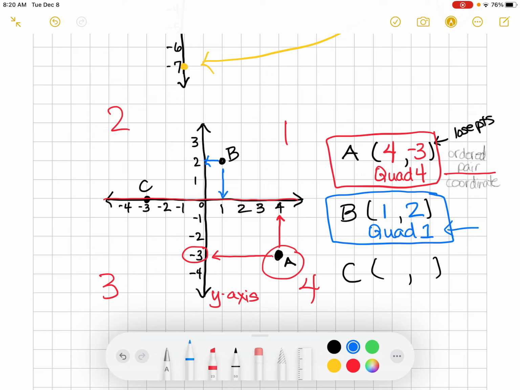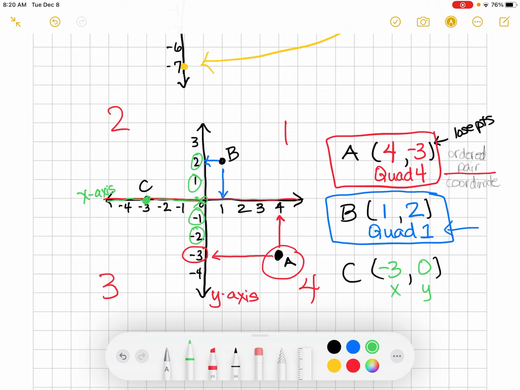Okay, so C, now C, I'm going to do X, Y. But C is different because it's on one of the lines, right? So this is my X-axis, right? So on the X-axis is -3. I'm going to put that in place of the X. But my Y-axis is right here. It's not at one of these numbers. It's not 1, 2, or 3, or -1 or -2. It's right here, so it's at 0.